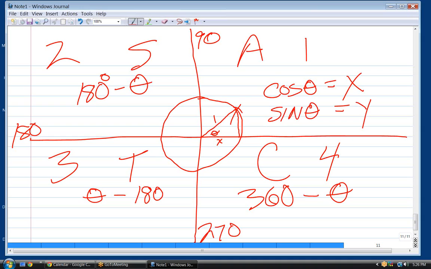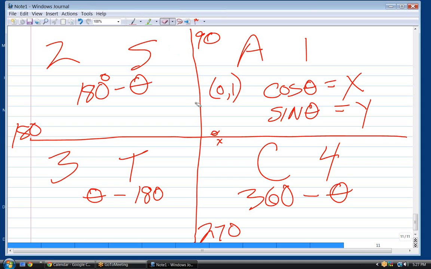So if I want to know what the sine of 90 degrees is, it is the y coordinate of this point right here. Well, what is that point? That is 0, 1. What's the y coordinate? 1. That makes the sine of 90 degrees 1.